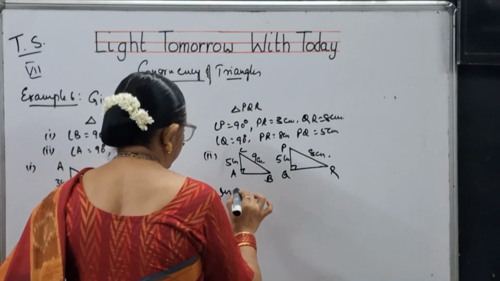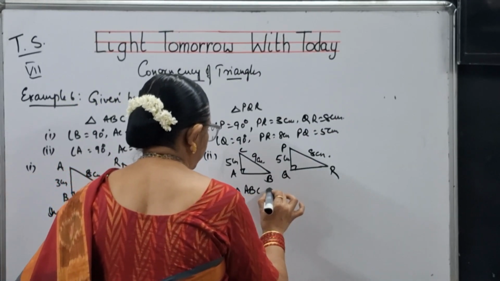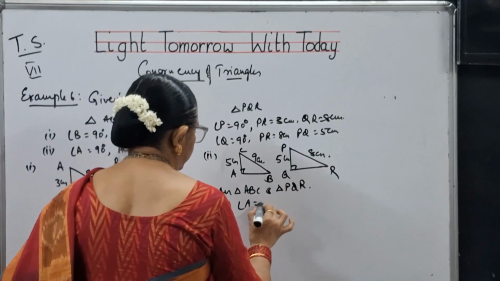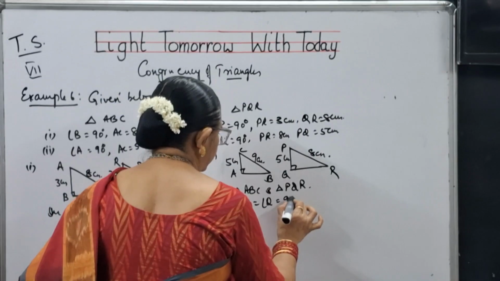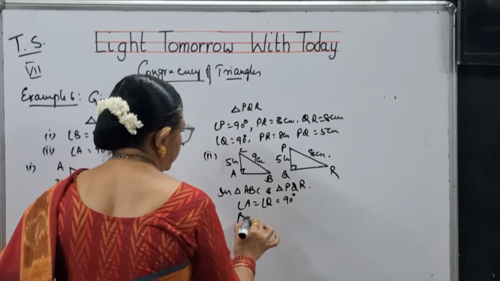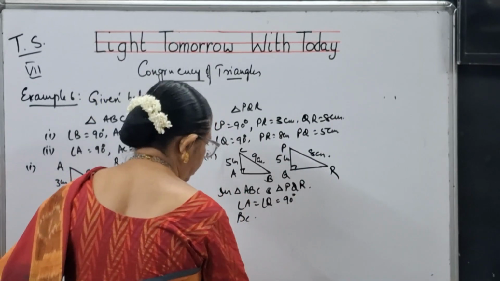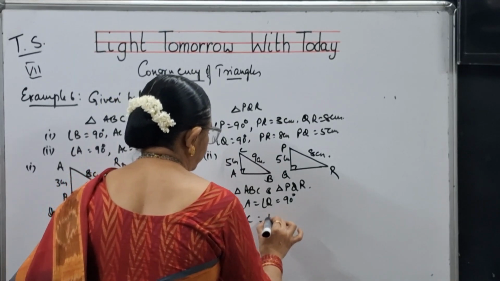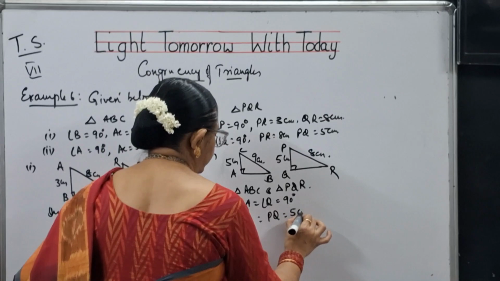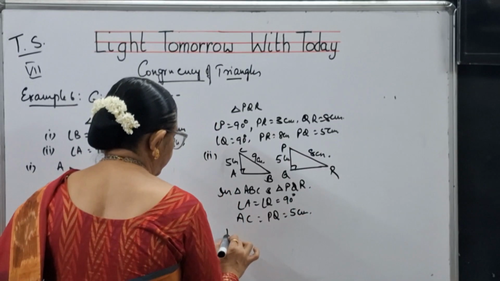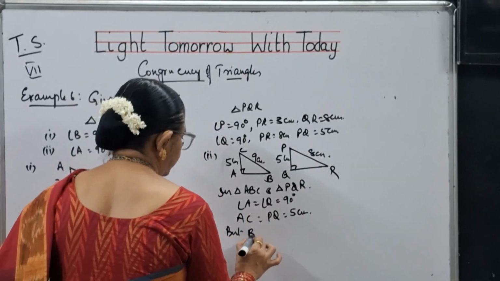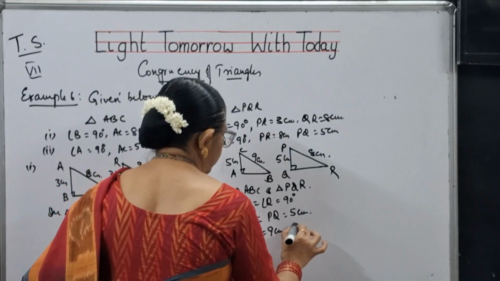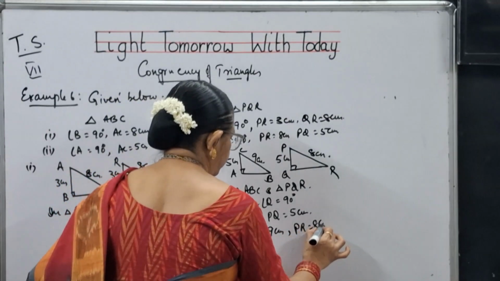So let us see. In triangle ABC and triangle PQR, angle A is equal to angle Q, 90 degrees, and AC is equal to PQ, 5 centimeters, but BC is equal to 9 centimeters, PR is equal to 8 centimeters.